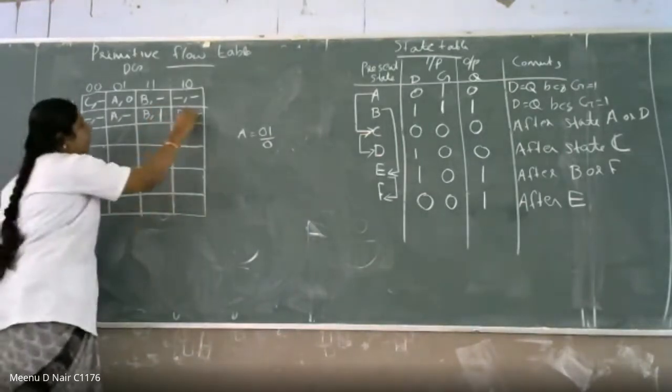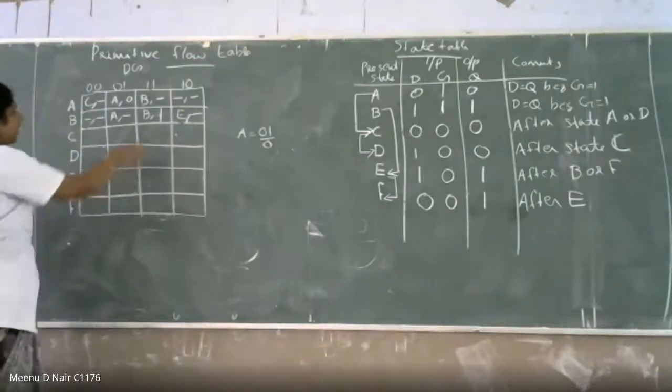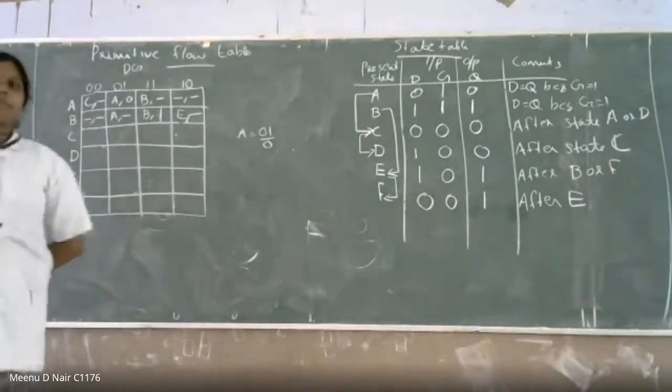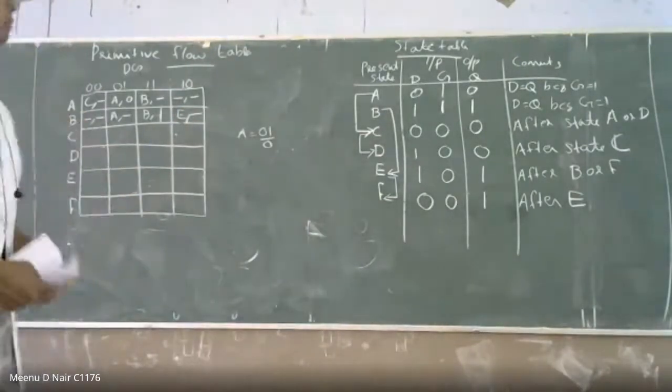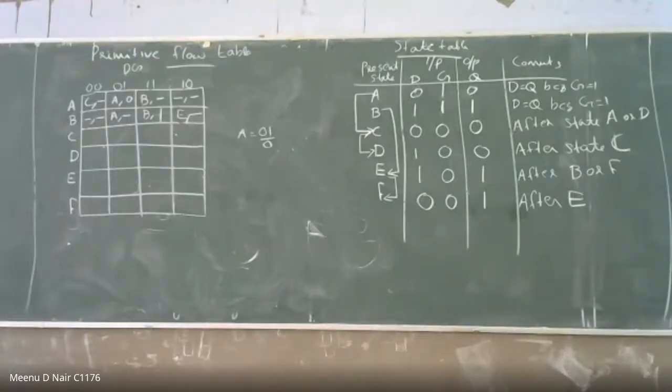Here it is E comma dash. In a similar way, you have to complete the cells. Is it clear?